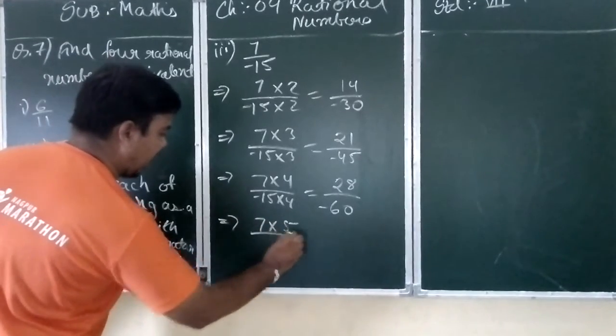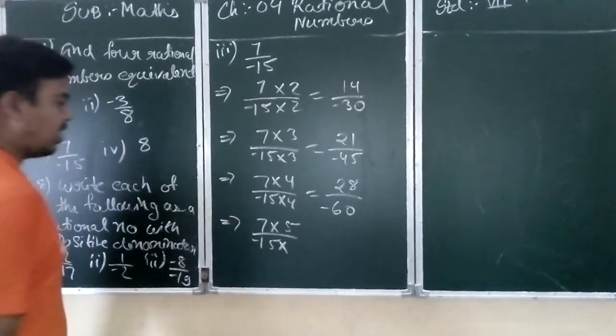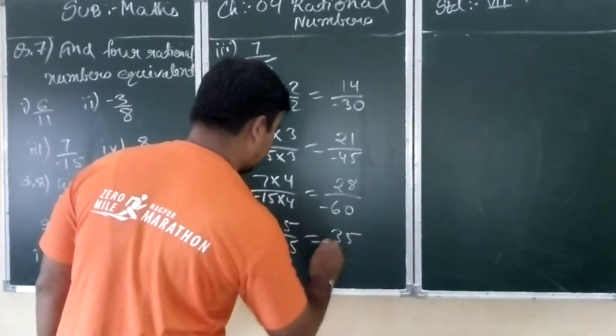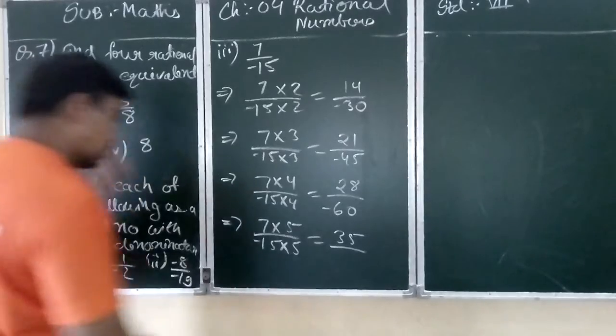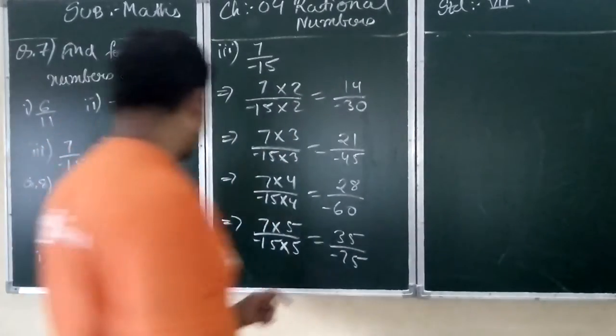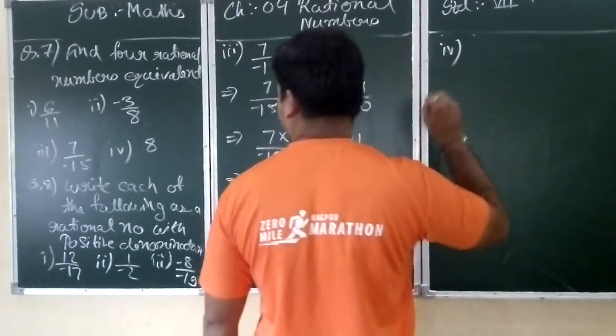Then 7 into 5 is 35, minus 15 into 5 is minus 75.